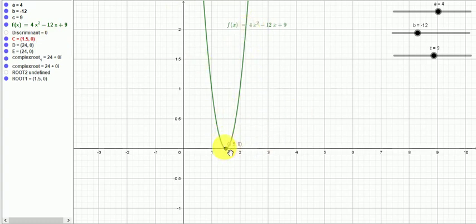Here that point is 1.5 comma 0, and the root is 1.5, because for that value of x it becomes 0. Now let us see an example where discriminant is greater than 0.